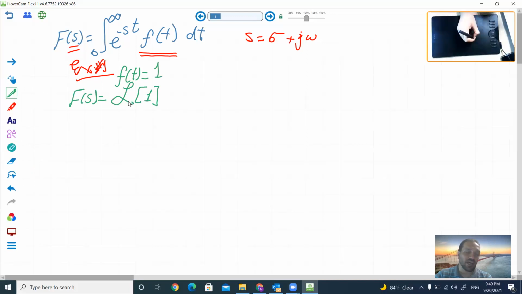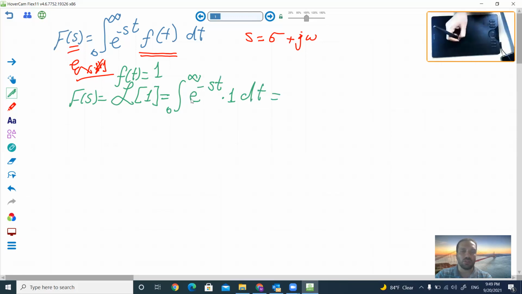It acts as an operator on the function, which in our case is 1. This will equal, applying this equation, the integration from 0 to infinity of e, the exponential function, to the power minus st, times f of t. In our case, f of t equals 1, so times 1 dt.